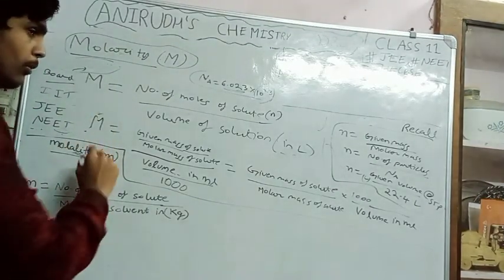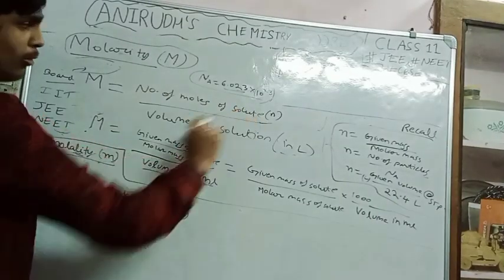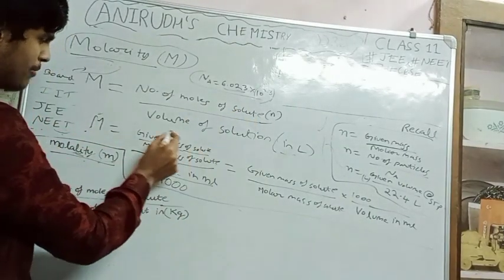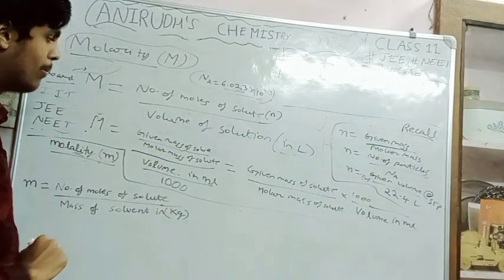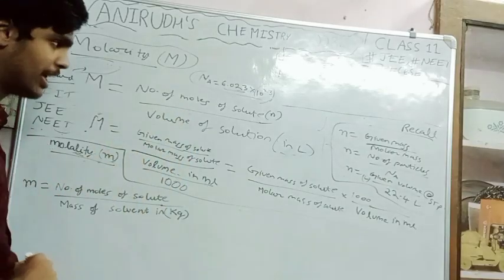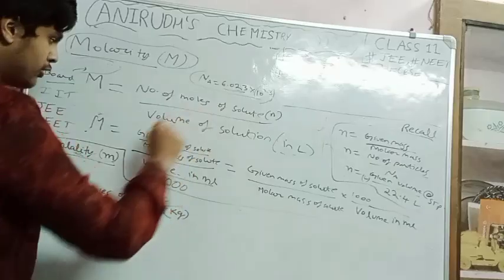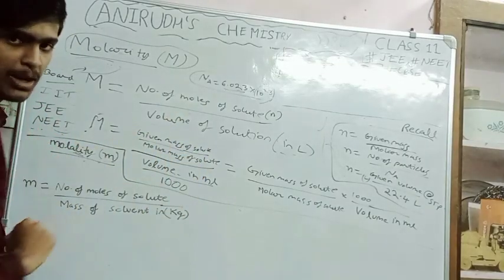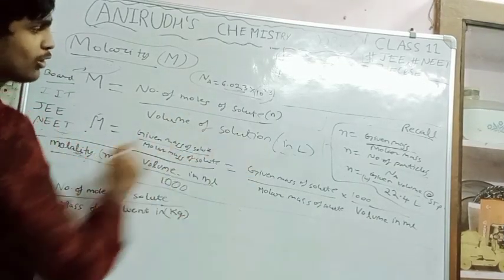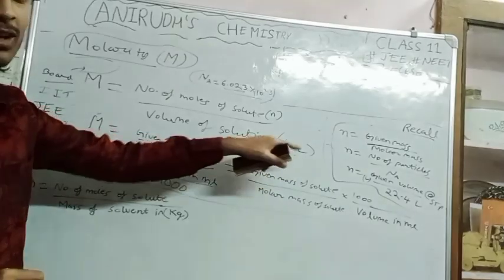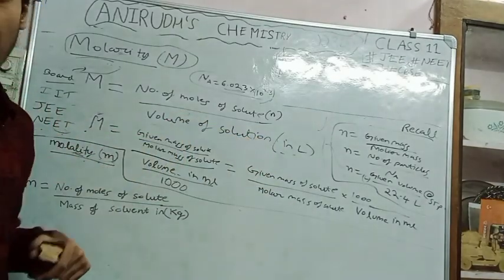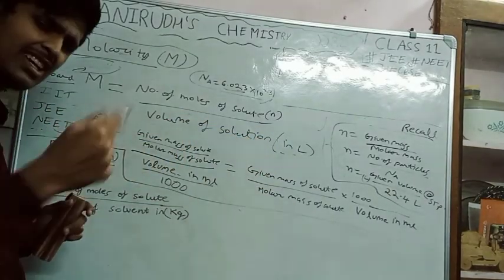The molarity is equal to the number of moles of solute. Just for example, I am taking the number of moles as given mass by molar mass. So I am writing the number of moles of solute as given mass of solute by molar mass of solute, divided by volume of solution in liters. That's what I told you. Sometimes you will be given volume in ml, that is milliliters, mostly in ml only.